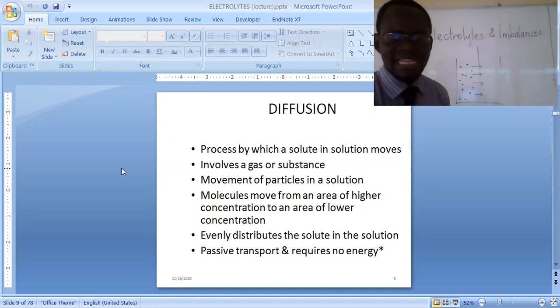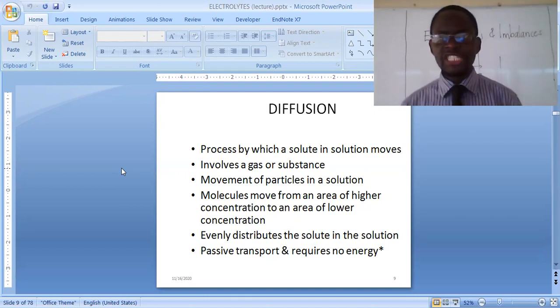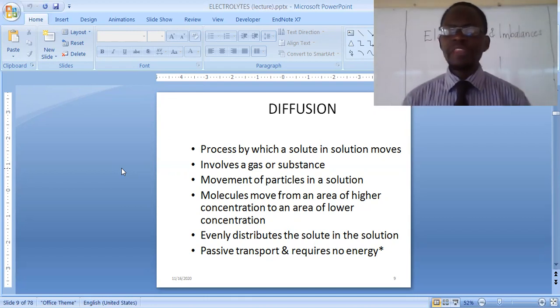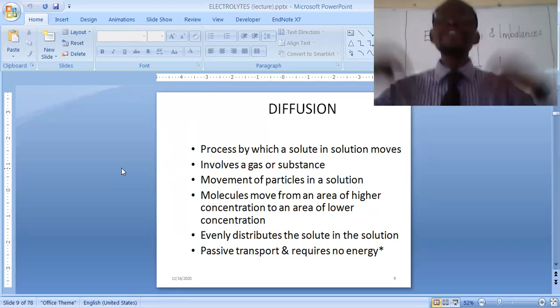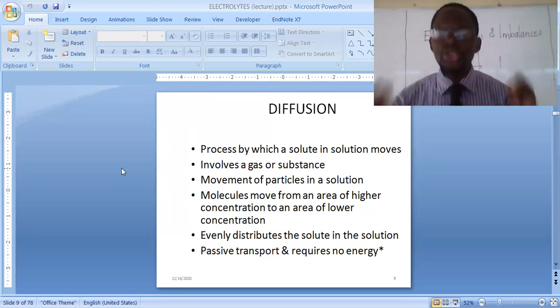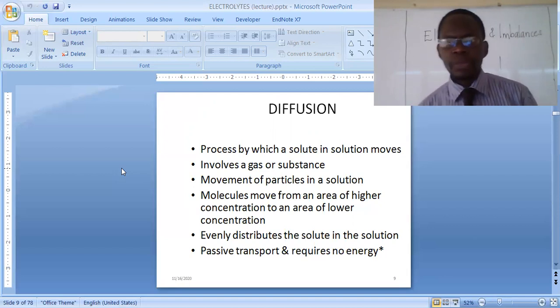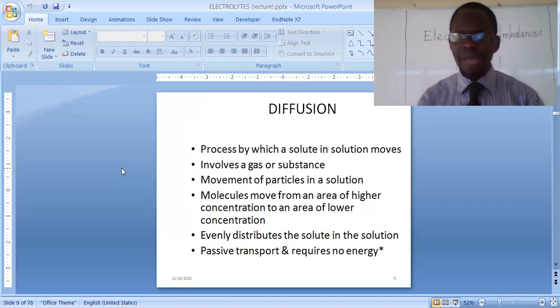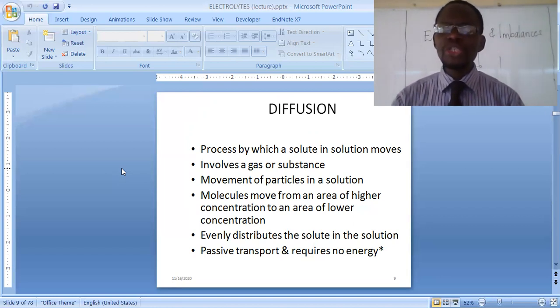Processes that happen here, for example, during gaseous exchange. Within our lungs, when we breathe in, within the alveoli there is too much oxygen. On the other hand, within the bloodstream at the capillary level, there is too little oxygen.